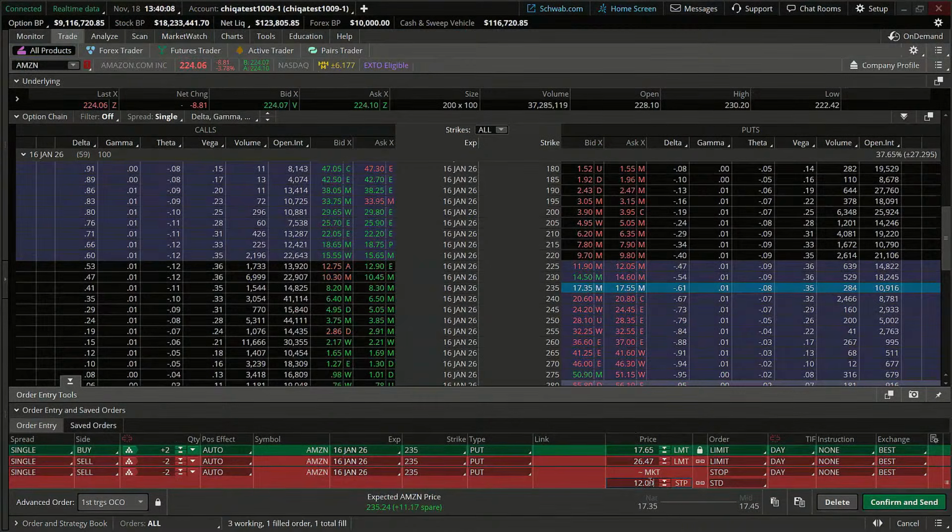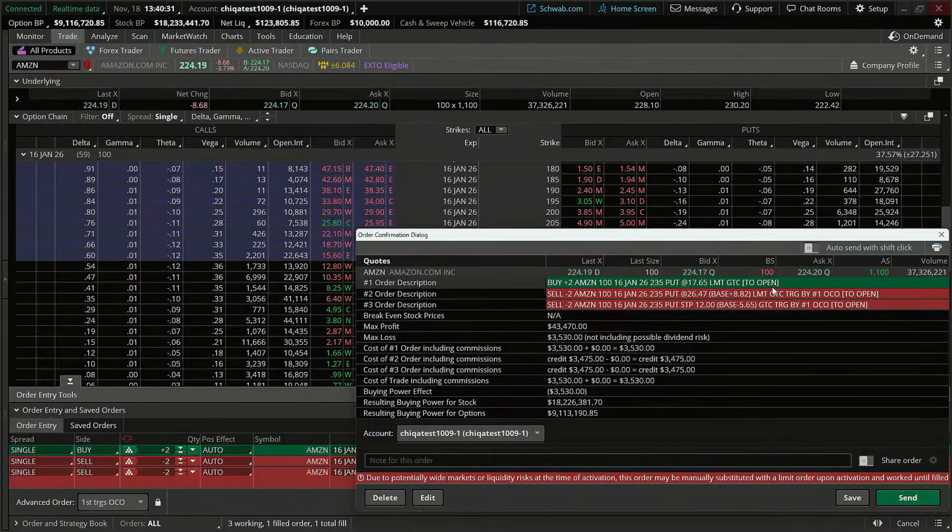And this is roughly, I would say, 3/4 of that price there. So we do still have quite a bit of a tight stop, but with the amount of contracts, we want to make sure we don't risk more than what we can. So I'm going to make this good till canceled and look to confirm and send the order.